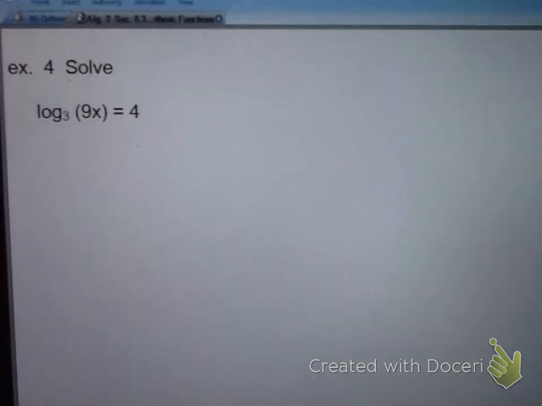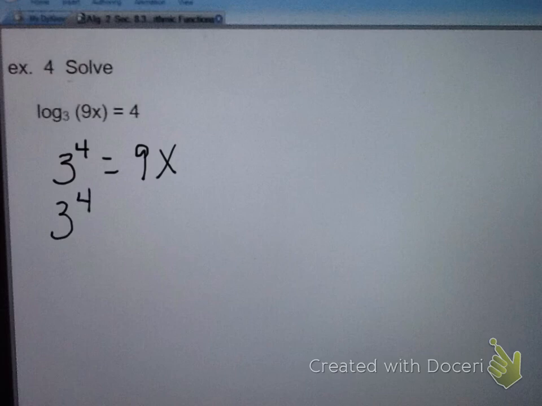Example 4, log base 3 of 9x is equal to 4. Put that in exponential form. That's 3 to the 4th power is equal to 9x. I've got to convert this 9 to have an exponent, but that doesn't work because of that x.